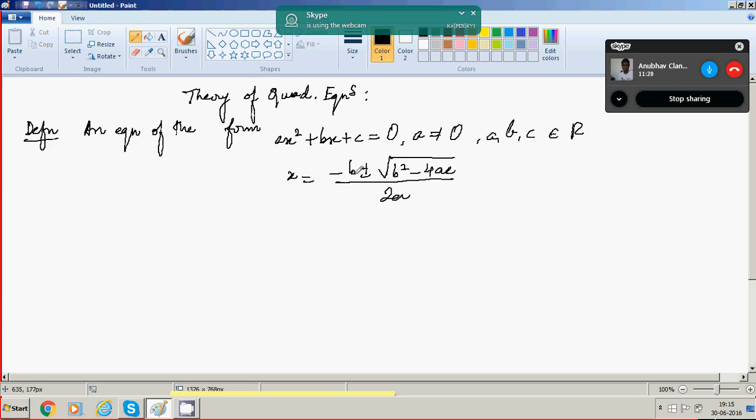Okay, so the first important result, or theorem, is that a quadratic equation cannot have more than 2 roots.